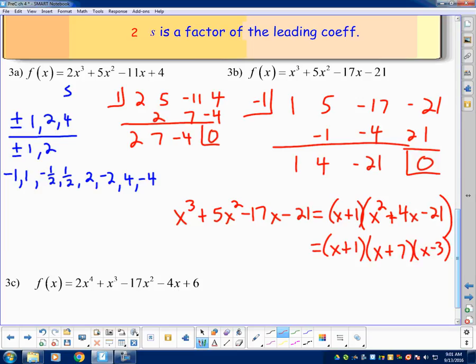Let's just double check that. That's x squared. 7x minus 3x is 4x minus 21. Nice. We got it. That's it. Success. No problem. Okay, it doesn't always go quite as cleanly as that, though. Let's try a 3C.